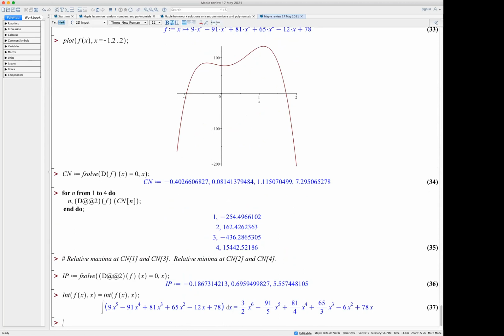Now, a polynomial of degree 5 will always have 4 critical points, but some of them might be complex numbers, so you won't see them. And some could be double roots or triple roots. So you don't necessarily get 4 different real numbers. It depends on the function. Okay, then I see.